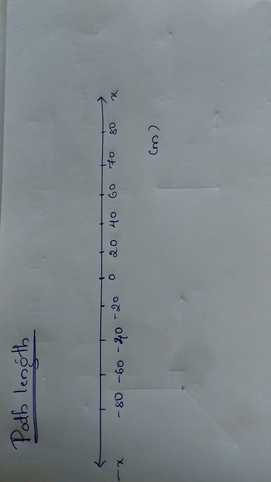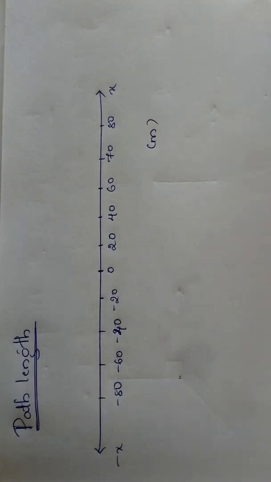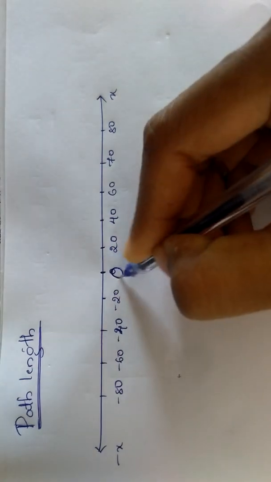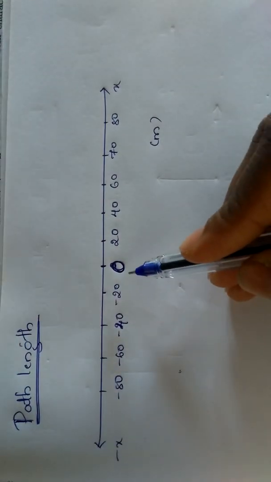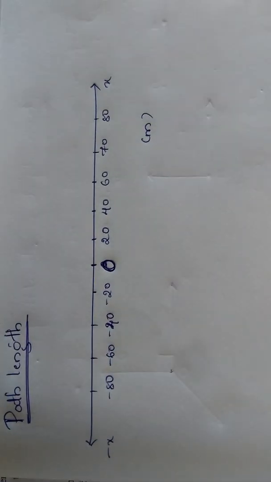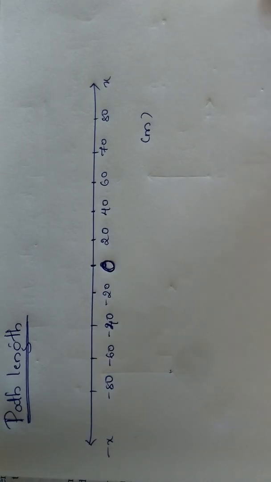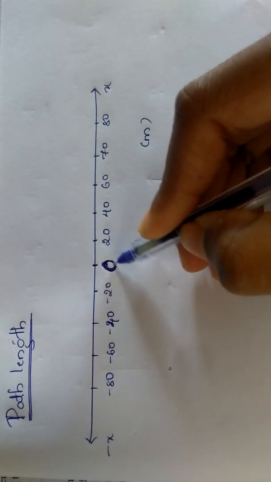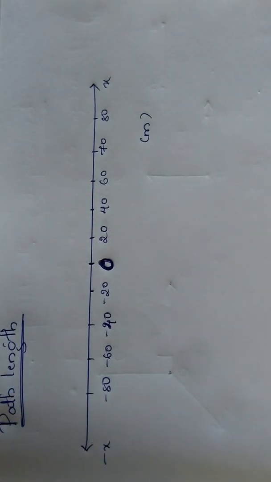So I discussed this scale in the last class. This scale here is the path length scale. If you consider a particle moving in a straight line, then you can choose the x-axis such that it coincides with the path of the object's motion. The origin here will tell the position at which the particle or object has started its motion.